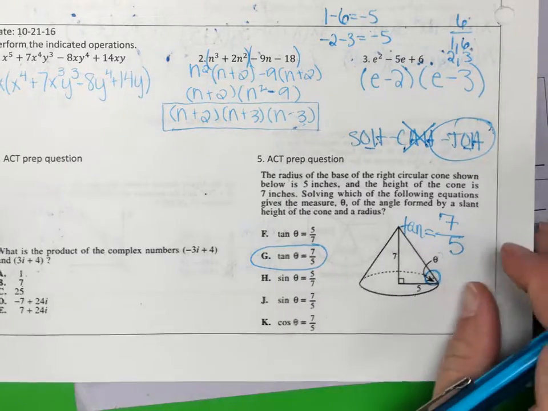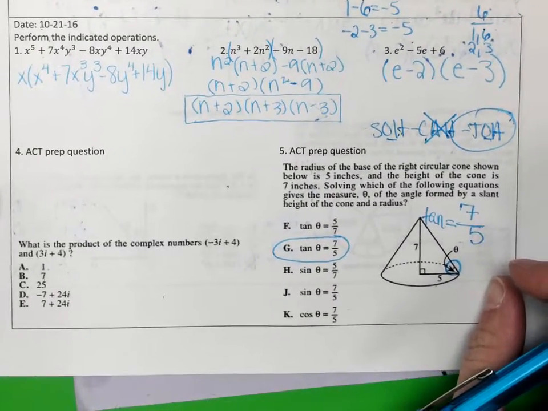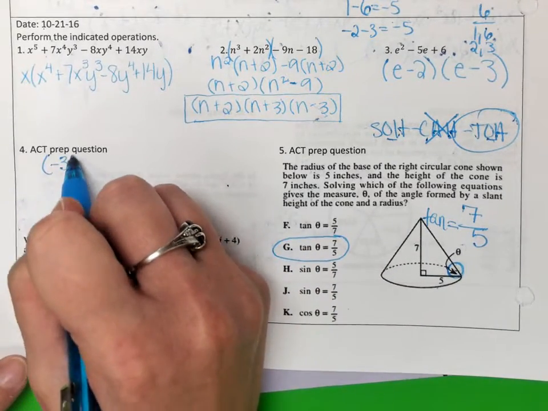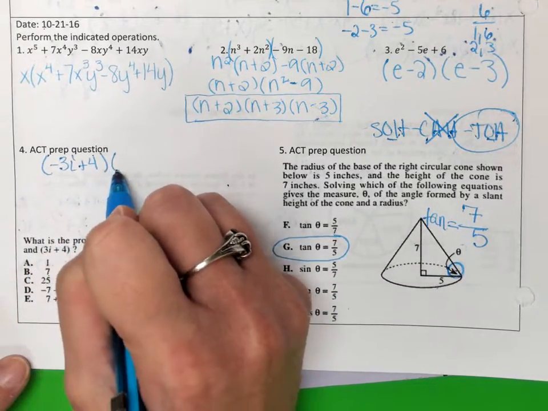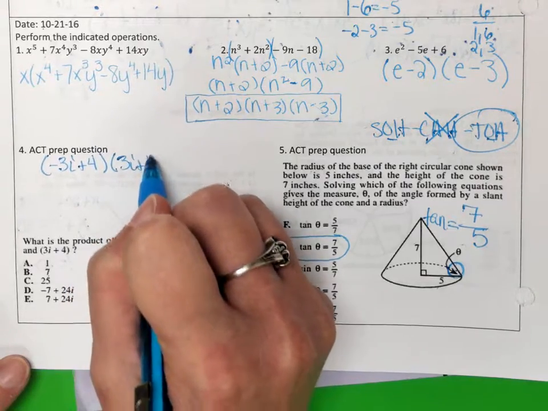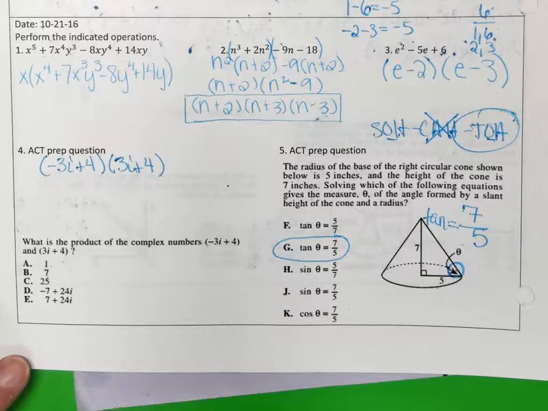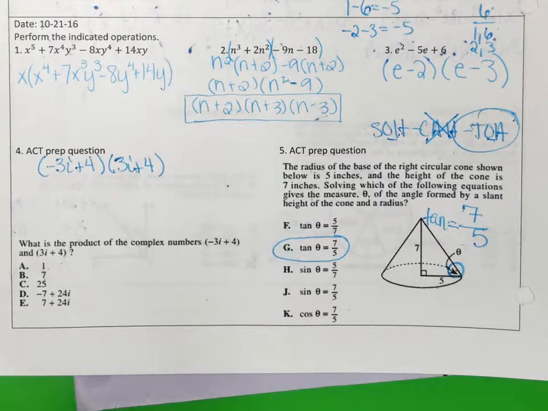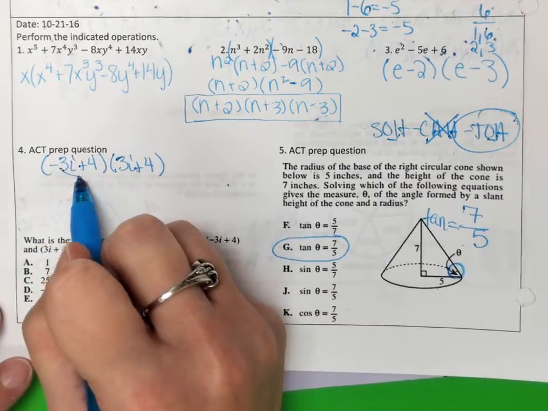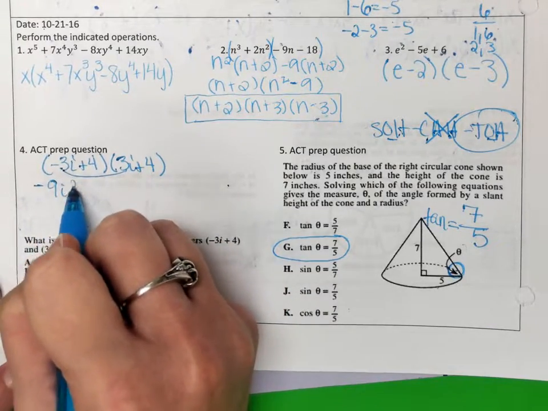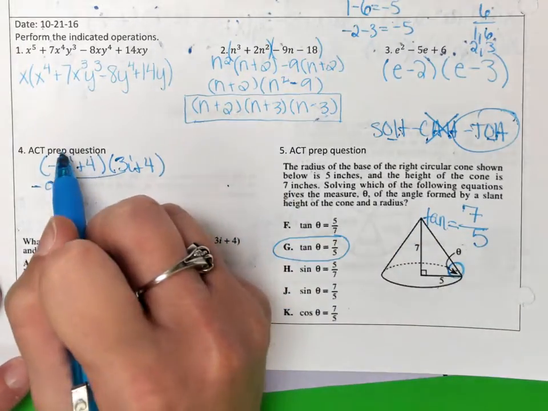All right, what about number 4? What does product mean to do? Multiply them, right? So I'm going to multiply those two. Most of you skipped it, and you could have at least done that. What's that look like? Foil. All right, what's my first? What's my outer?